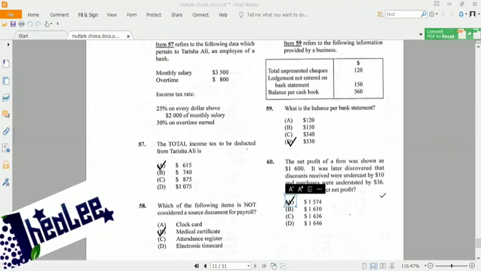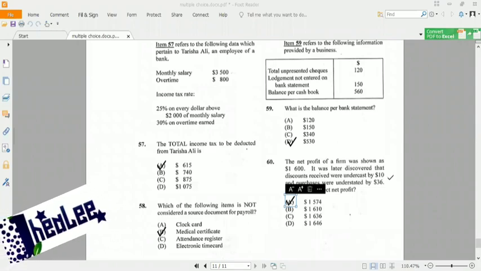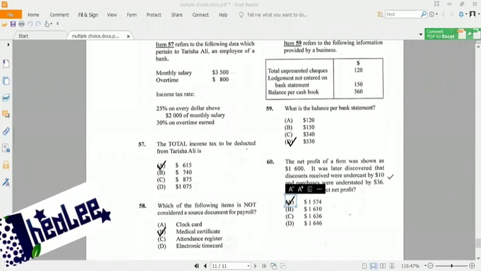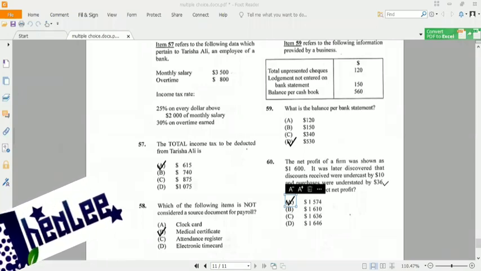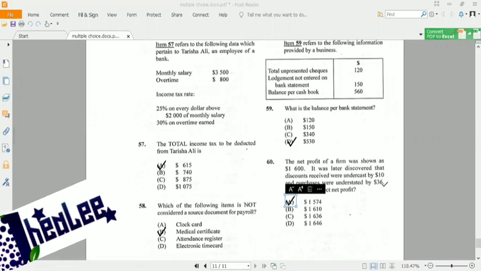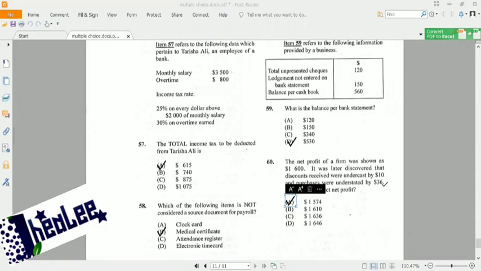If it decreases the profit, to correct it, you have to add. So like the revenue that was undercast actually decreased the profit. So therefore, to correct it, you have to add back that 10. This 36 that overstated the profit, to get rid of it, you have to minus it. That is why the response is 1,574.